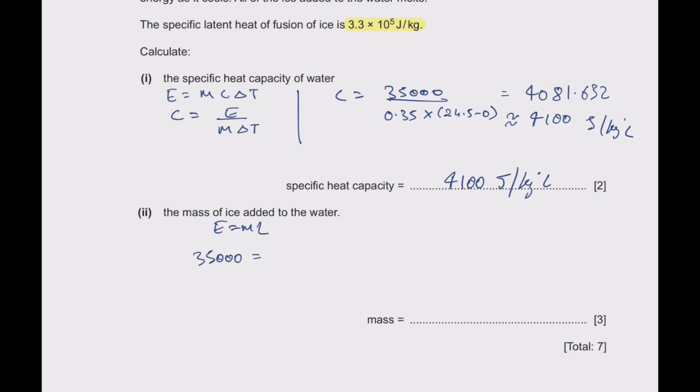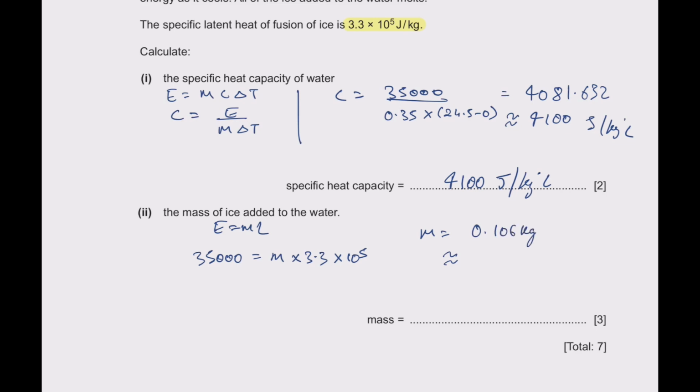Okay, so 35,000 equals mass, which we have to calculate, into latent heat, 3.3 into 10 raised to power 5. By calculating this, mass comes out to be 0.106 kg.